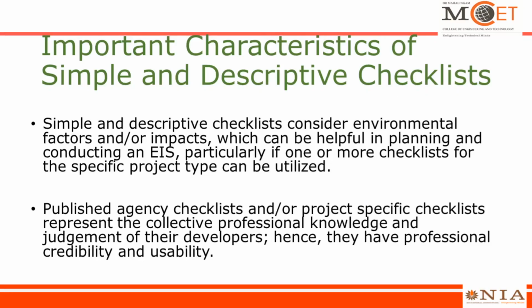Important characteristics of simple and descriptive checklists. Before we go into an example of the descriptive checklist, we will see some of the characteristics of simple and descriptive checklists. They consider environmental factors and or impacts, which can be helpful in planning and conducting an environmental impact study, particularly if one or more checklists for a specific project type can be utilized.